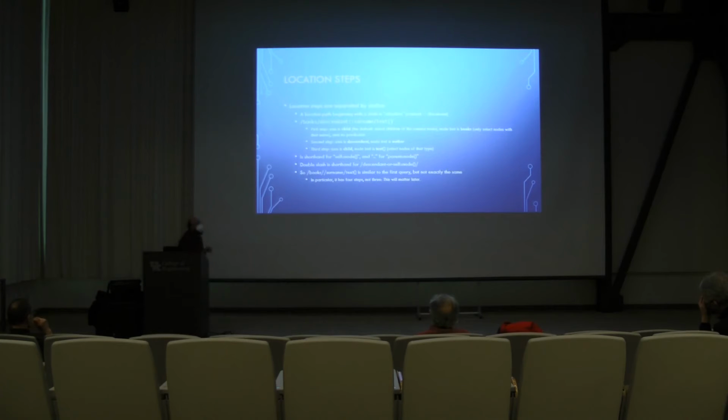These location paths are sequences of location steps separated by slashes. And usually, when you're writing a full XPath expression, you write that as an absolute location path beginning with a slash. So this is pretty similar so far to navigating Unix directly.